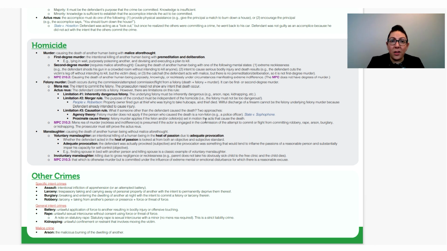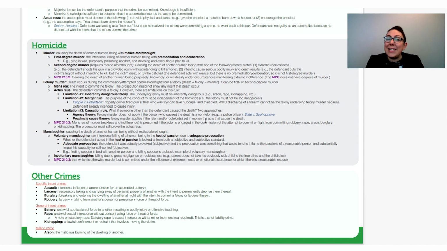Now, they're not off the hook completely. This doesn't mean that they were justified in their conduct. The benefit to them here is that they're guilty of manslaughter, which is a lesser offense than murder. So they're not likely going to be guilty of some sort of first or second degree murder, but they're still guilty of manslaughter.